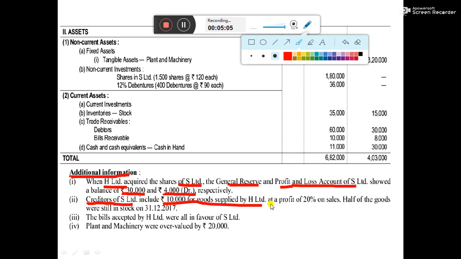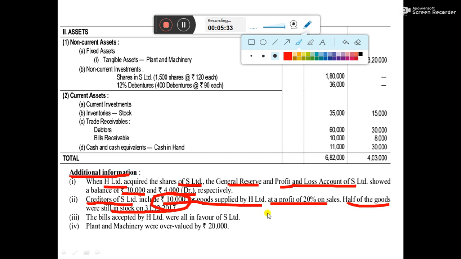In continuation of this adjustment, they are mentioning that H Limited had charged 20% profit on this sale of 10,000. Half of the goods were still unsold on 31st December 2017. Out of this 10,000, 5,000 of stock was still lying in the godown.